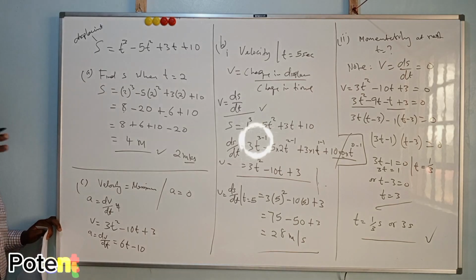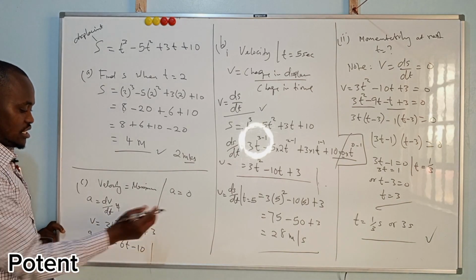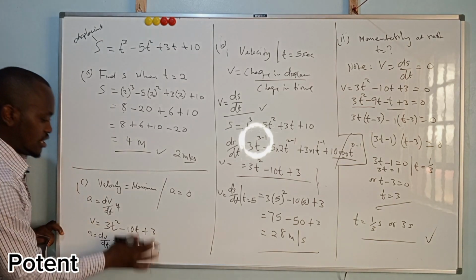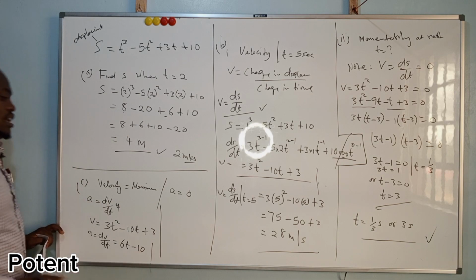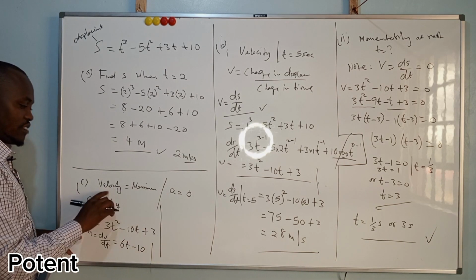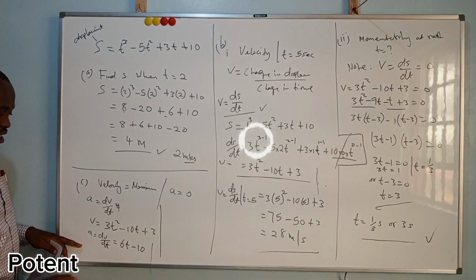T raised to 1 minus 1 is t raised to 0. So this is your answer, and this term disappears. Now you are asked when the velocity is maximum, the acceleration is 0, so you equate this to 0.